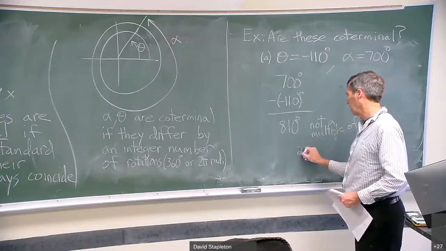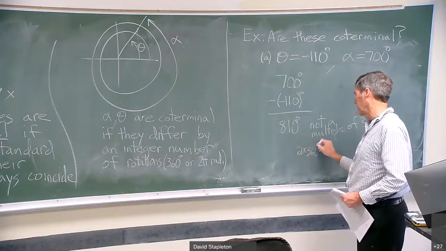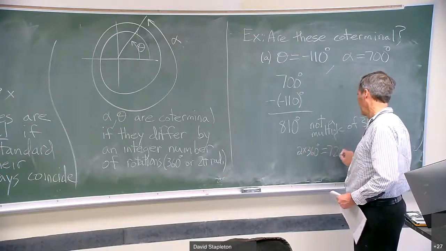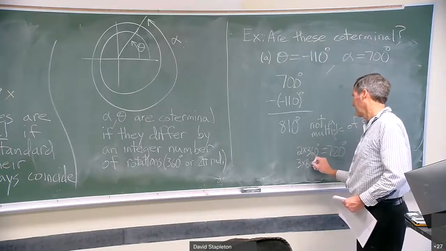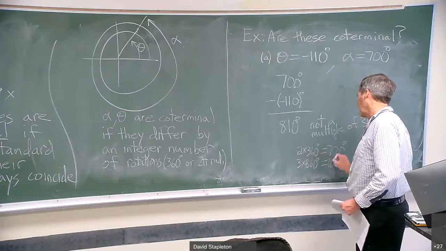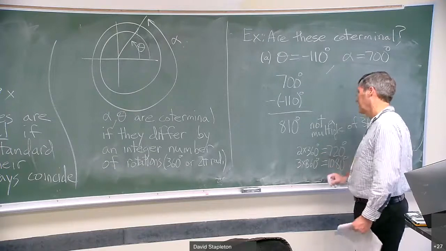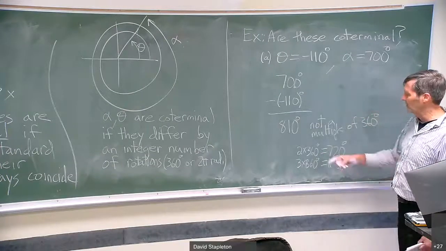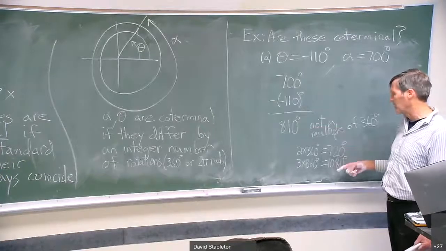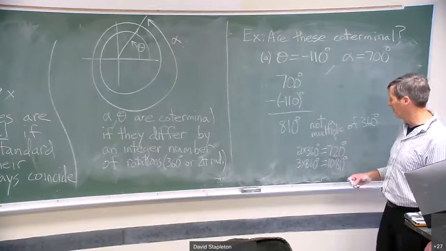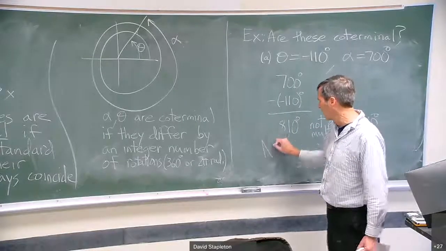All right, you take 2 times 360 degrees, you get 720. If you take 3 times 360 degrees, you get 1080. If you remember those, if anything within 3 rotations, you can tell just by looking at it, right? This isn't 720 or 1080, it's something in between. So it's not a whole number of rotations. So you say, no, they're not coterminal.